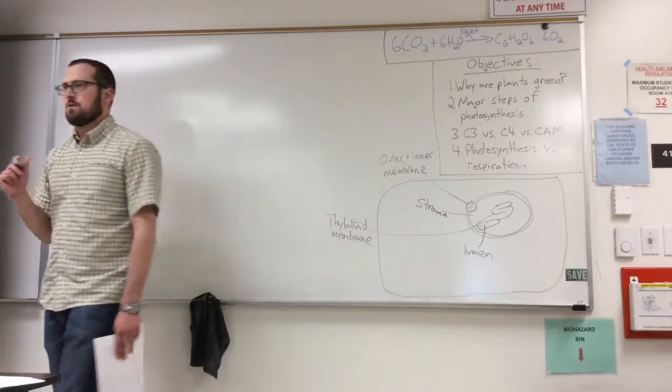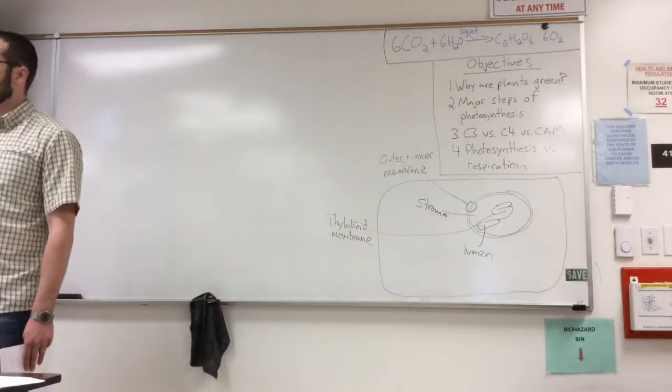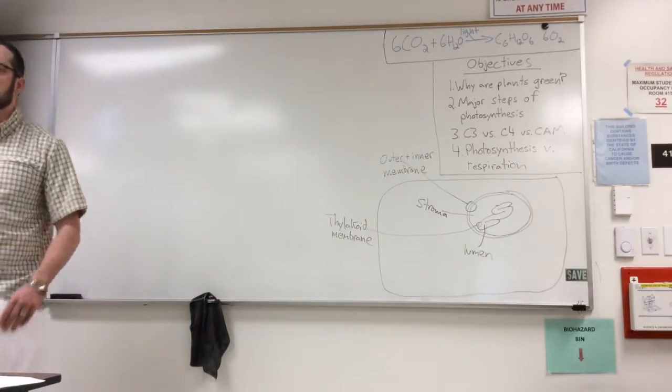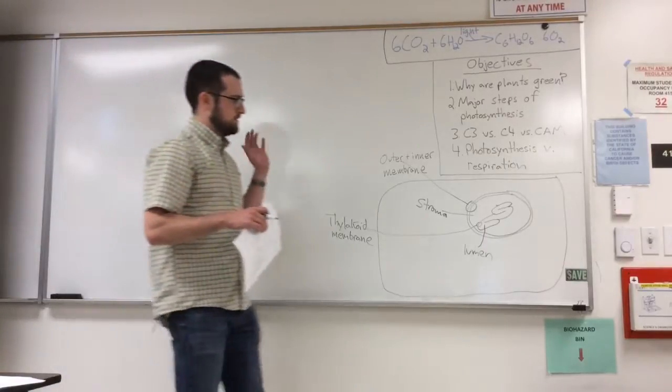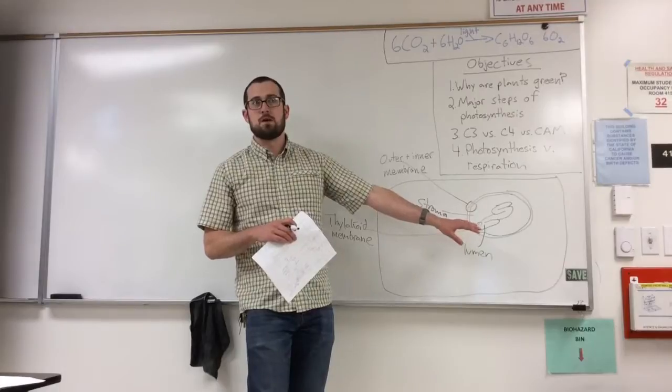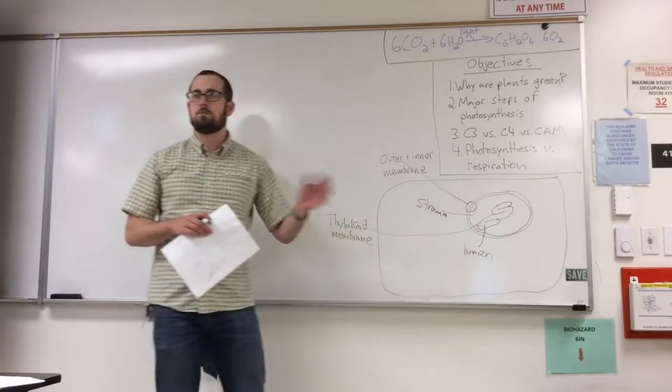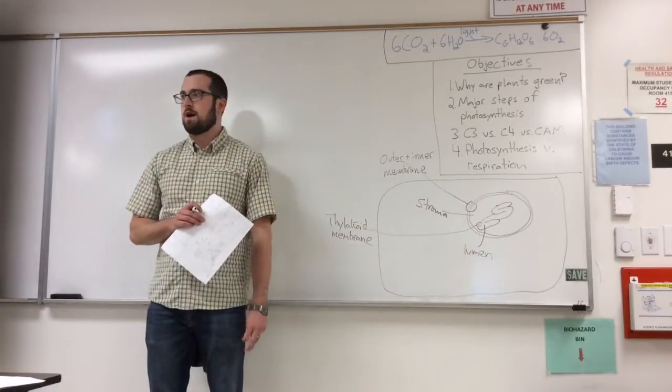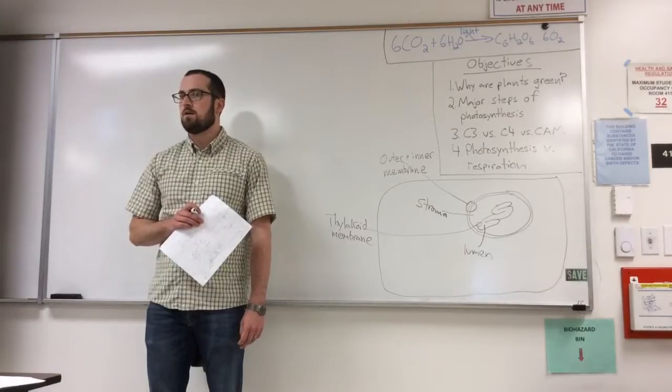All right, so as we're going through the different reactions of photosynthesis, I'm going to try to plot those reactions onto our diagram of the chloroplast. And it'll be important to keep in mind where the different reactions are occurring.